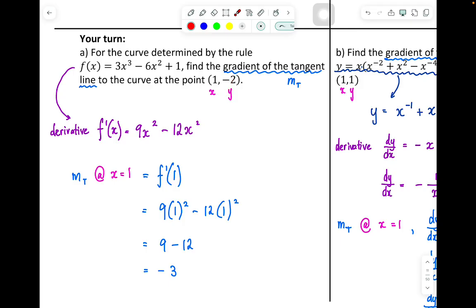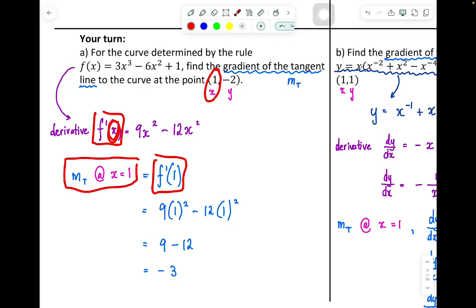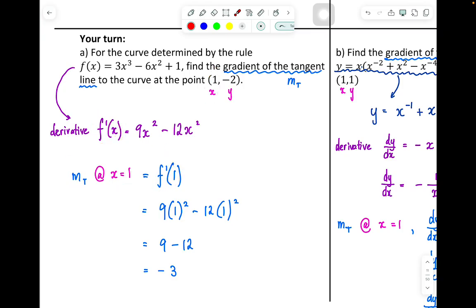It's a red herring. So we find our derivative, and we substitute the x value, which is x equals 1, like so. Replace the x value with a 1 there. Our gradient at x equals 1, therefore, is -3.